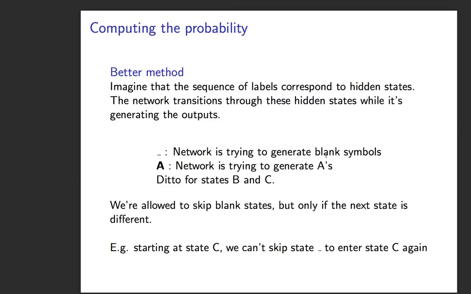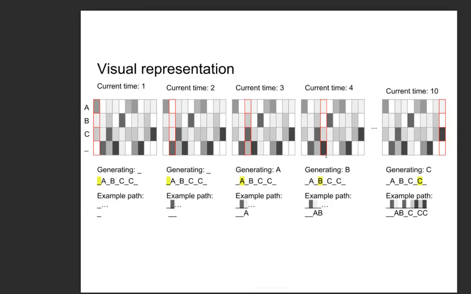We are allowed to skip the blank state only if the state that comes after that is not C. So if the output labeling has C C inside, and we modify it so that it becomes C blank C, then at the first C, we're not allowed to skip the blank state to enter C again. This basically forces the network to generate at least one blank in between the two Cs. Is there any example? Yeah, this is exactly what we're going to show in the example.